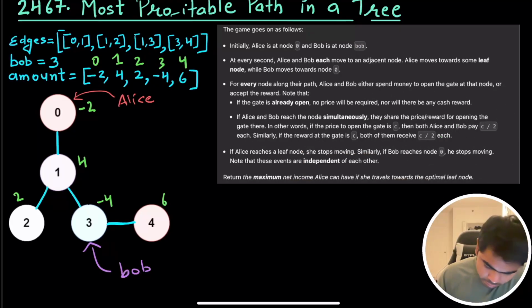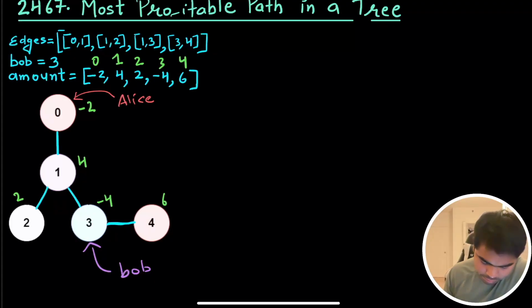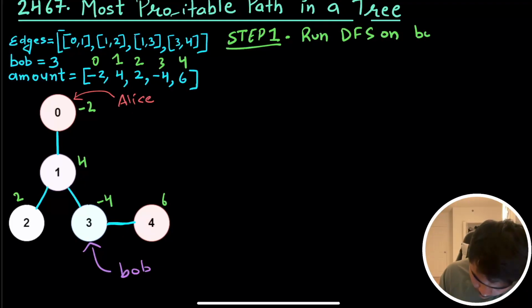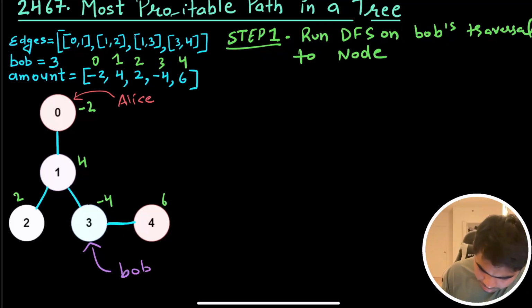So we can solve this problem in 2 steps. Step 1 is to run DFS on Bob's traversal to node 0 and store Bob's time into an array.